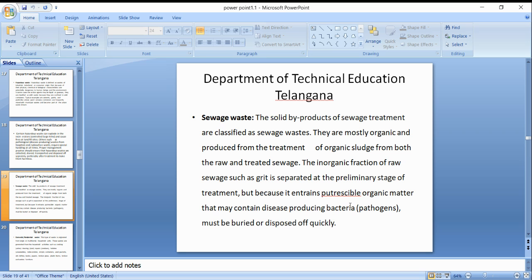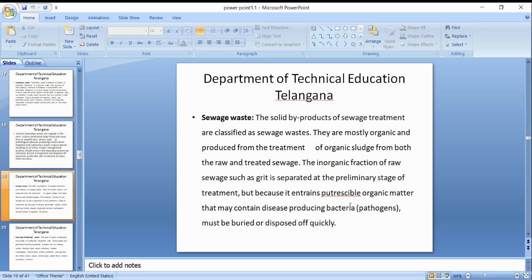Sewage waste generally comes from bathrooms. It might have organic and inorganic fractions, such as grit that is separated. For sewage, we have different treatment plants, with sedimentation processes and sludge disposal. Different processes exist for disposal and for collecting the sewage.